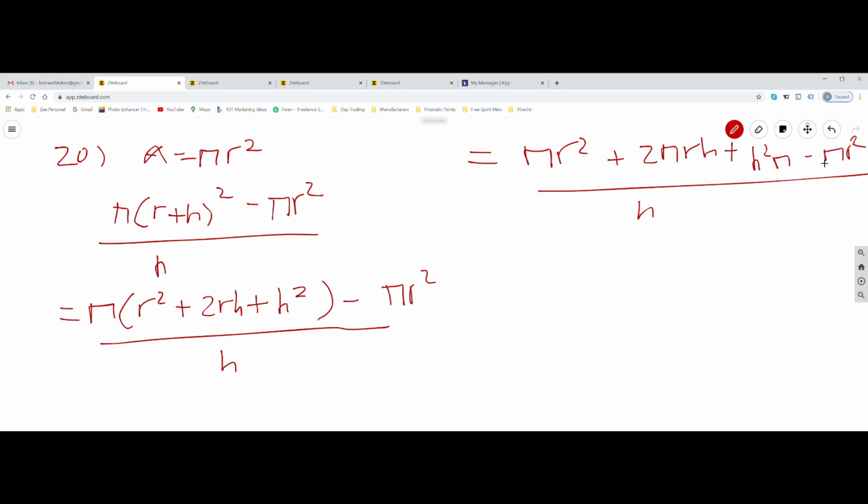So this cancels with this, so you're left with 2 pi rh plus h squared pi over h.